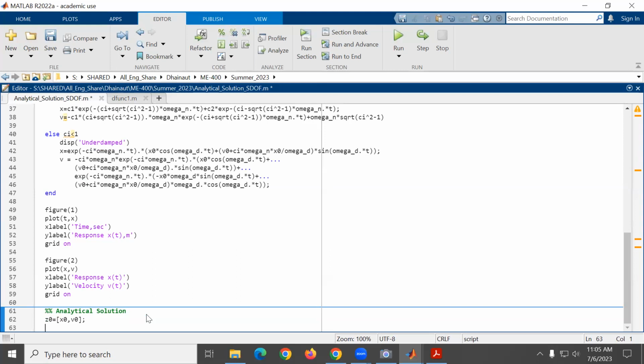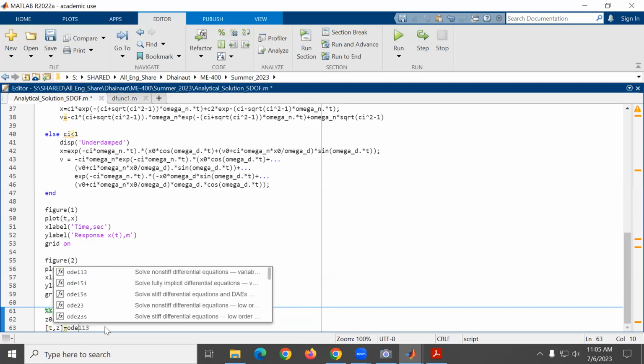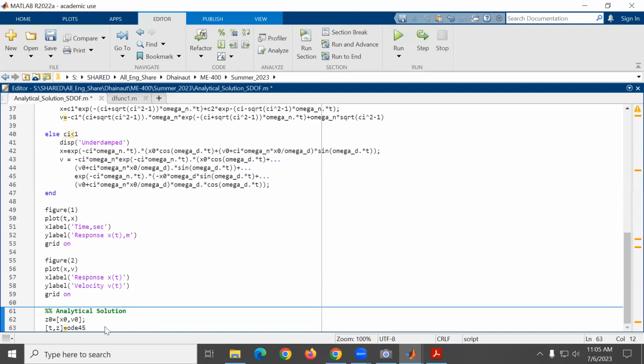And now all we have to do is say our output T and Z. We should use the same T as before, will be equal to ODE45, which is for longitude of 45. This is going to define the D function 1.